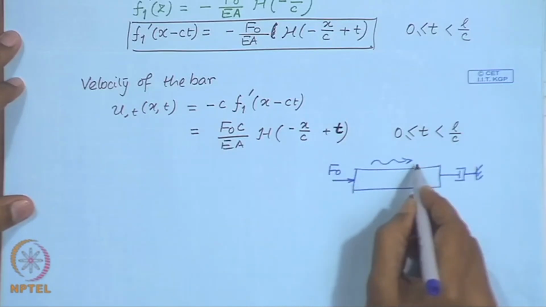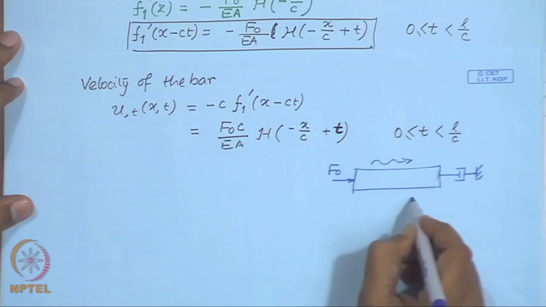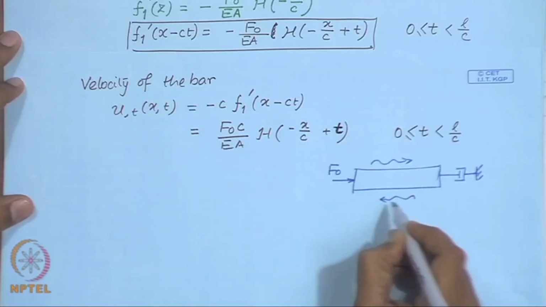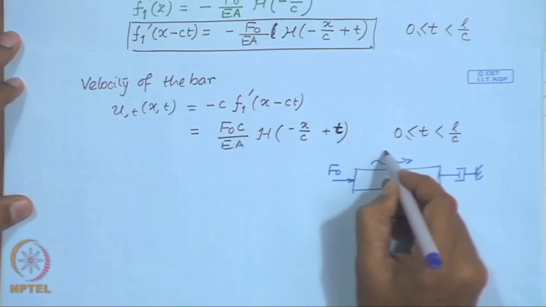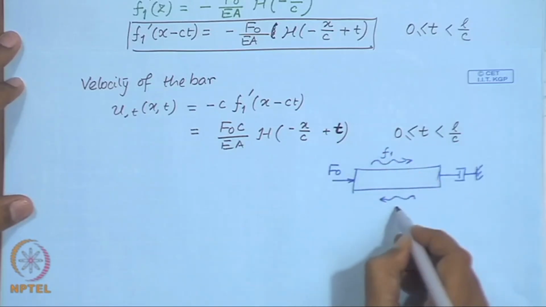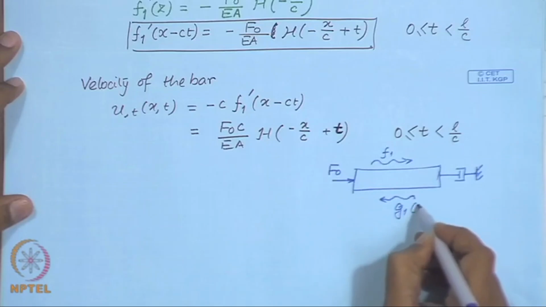This wave is going to go and hit the right boundary where there is a damper, and there is going to be a reflection. So, if I call this as F 1, I will call this as G 1.